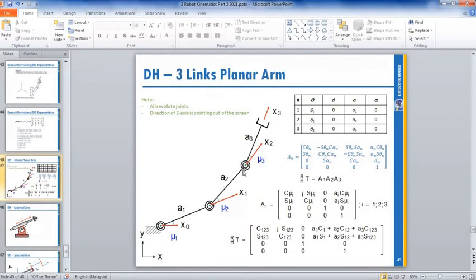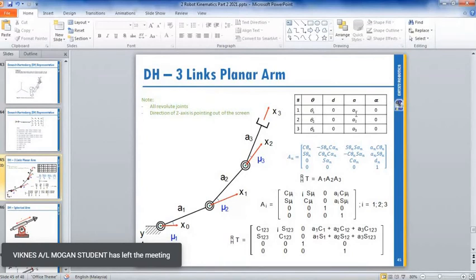And then from 2 to 3, you have A3 to gripper, and then rotation at theta 3. So each of these rows, you need to multiply: the Z rotation matrix multiplied with the translation matrix.